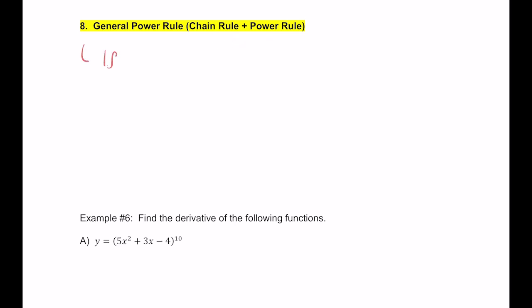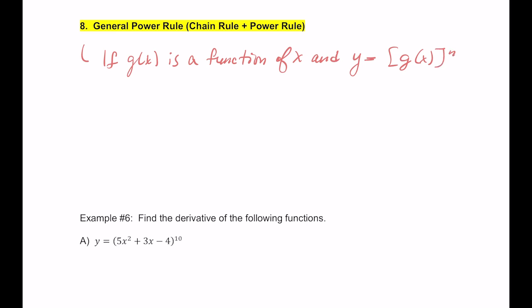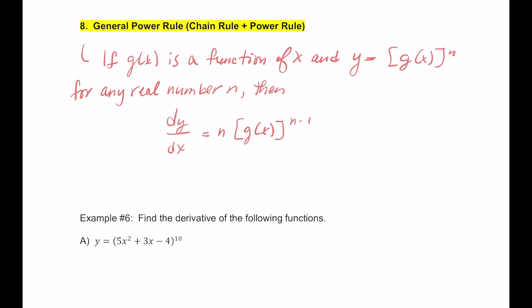The general power rule basically just says if some function g of x is a function of x, and y equals g of x to the n power for any real number n, then the derivative of y with respect to x is just going to be n times g of x to the n minus 1 power.